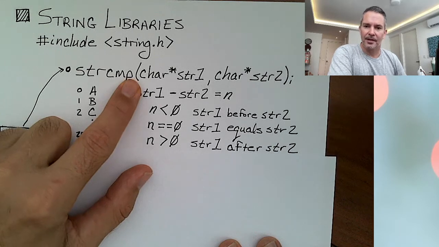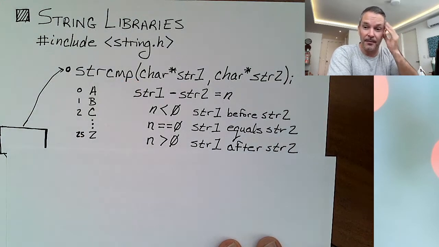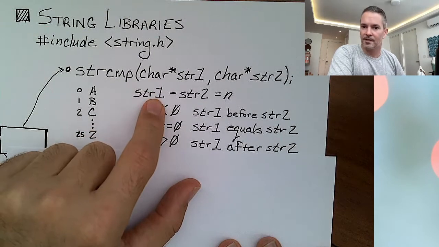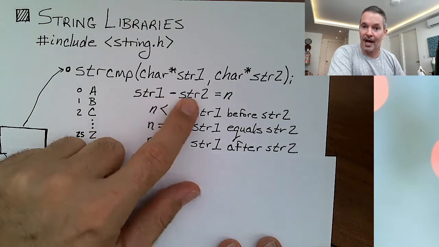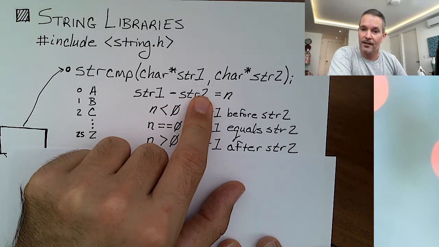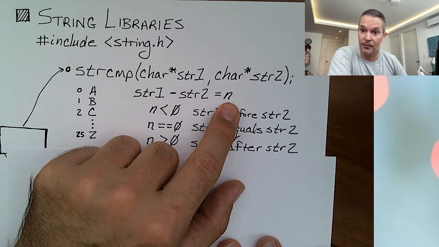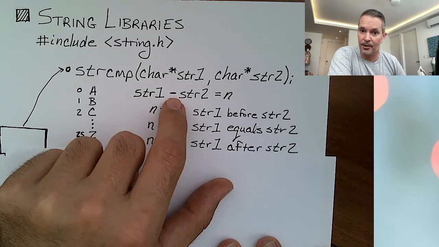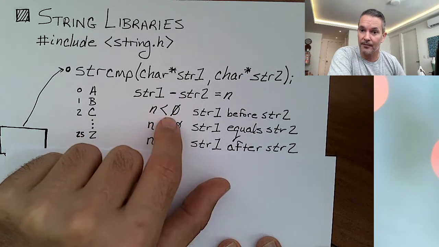So when I call string compare, the way to think about this mentally is imagine if string 1 was a number and you were subtracting from it string 2. There are 3 possibilities for the result. First of all, if we think of this as a mathematical operation, we could end up with a negative number.